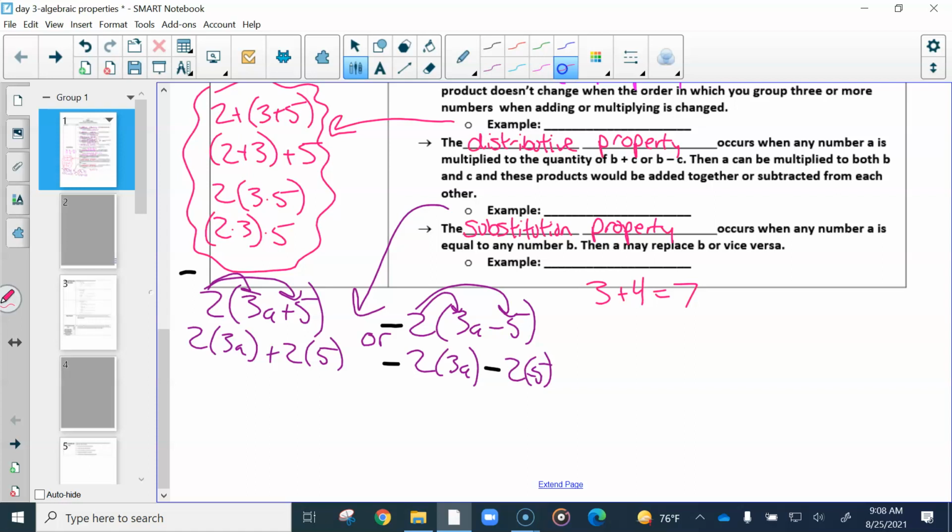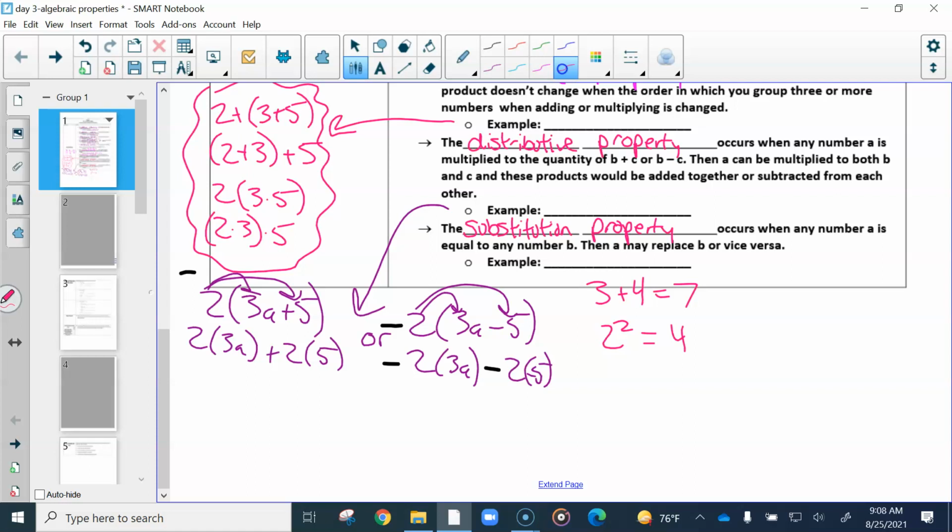If I said 2 to the second power is equal to 4, that is also substitution. I'm changing whatever it was to whatever it equals. I substituted it. I know there was another one of substitution.